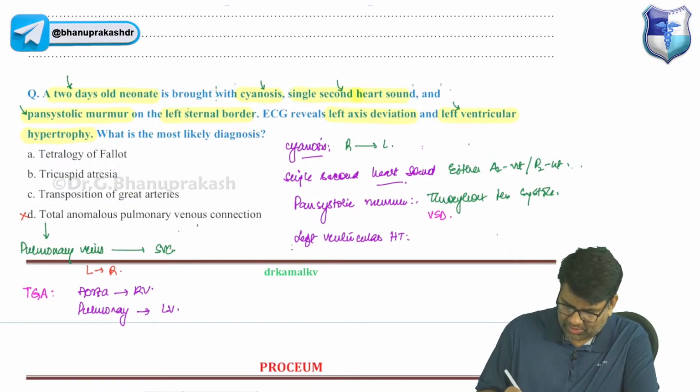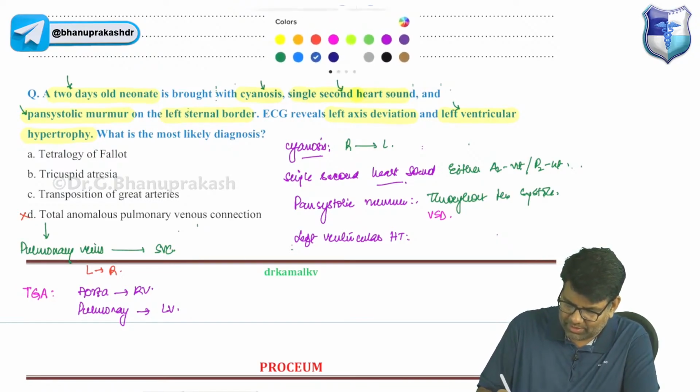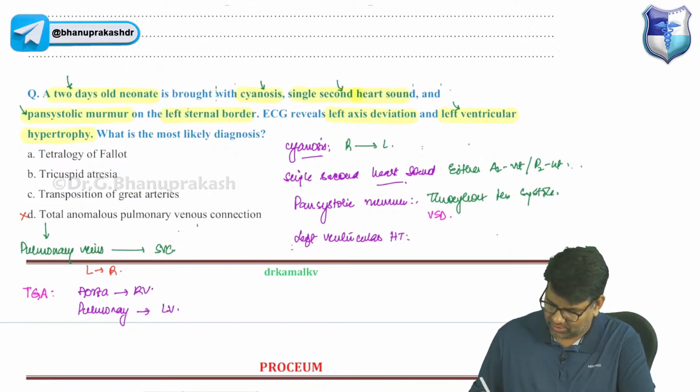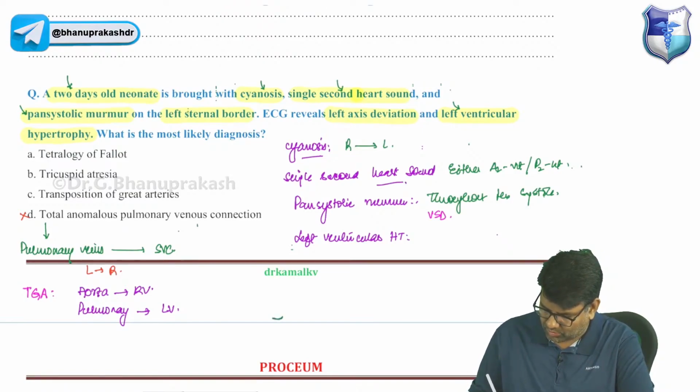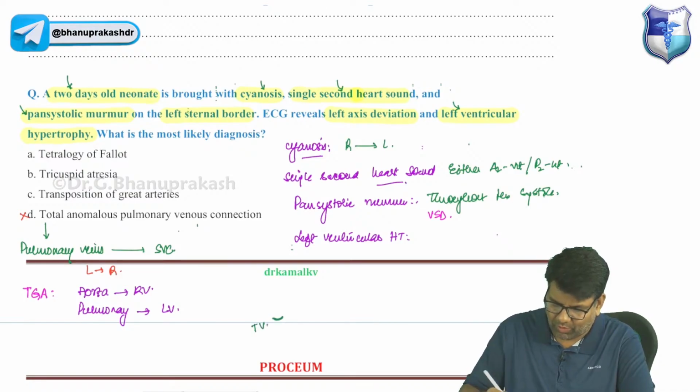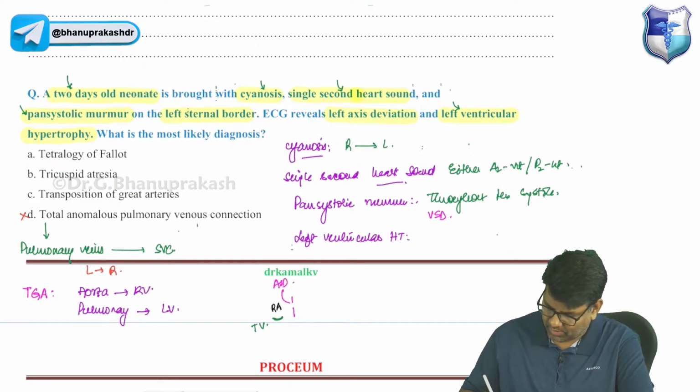Now in tricuspid atresia, what happens? The tricuspid valve is closed. So there is closure of tricuspid valve. Suppose if I draw the tricuspid valve, this is closed. This is closed tricuspid valve. Now what will happen? The blood which is coming into the right atrium, it has to go somewhere. So through ASD, here there is ASD, it will go into the left atrium.